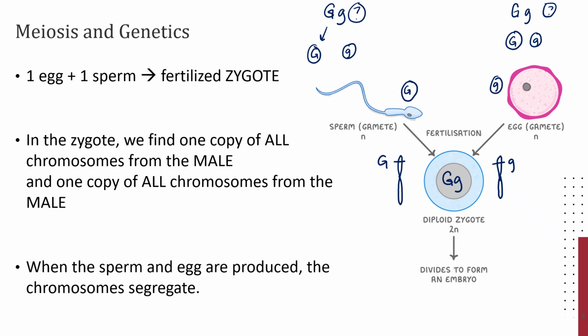So then after fertilization, the zygote divides, becomes an embryo, and eventually grows into a little human or a little plant, depending on what we are talking about. We're going to be talking about plants today, so I went ahead and wrote down plants. So in the zygote, we find 1 copy of all the chromosomes from the male and 1 copy of all the chromosomes from the female.